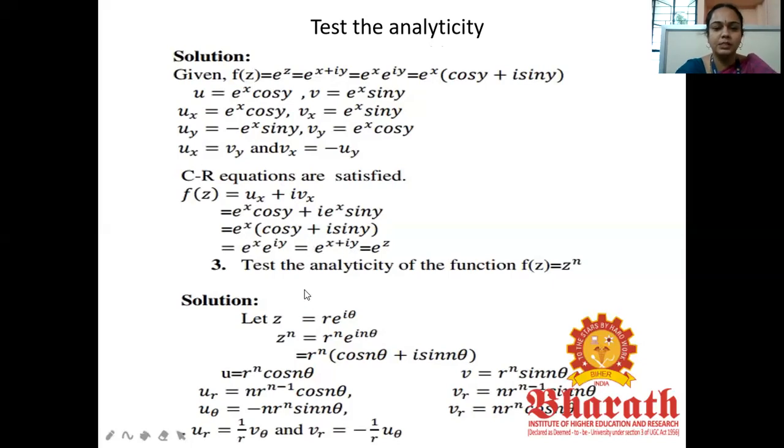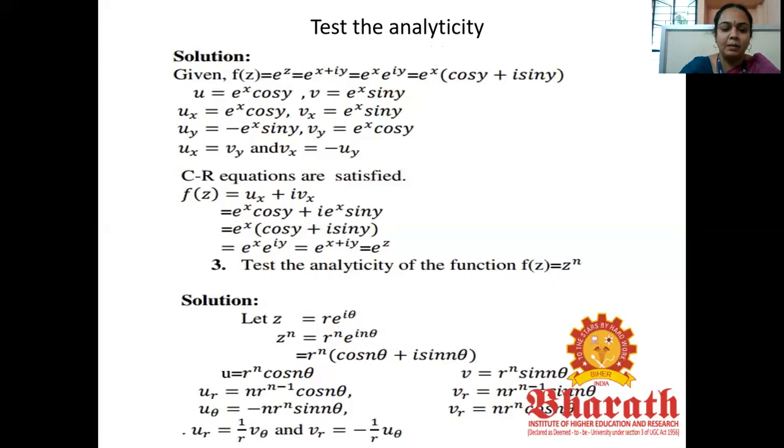Similarly, next, the analyticity of the function f of z equal to z power n. Actually here, let us take z represented in polar coordinates. Here z equals r into e power i theta.